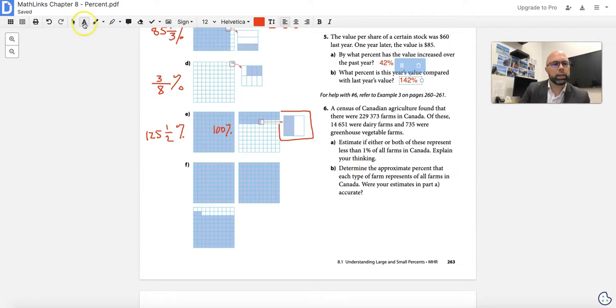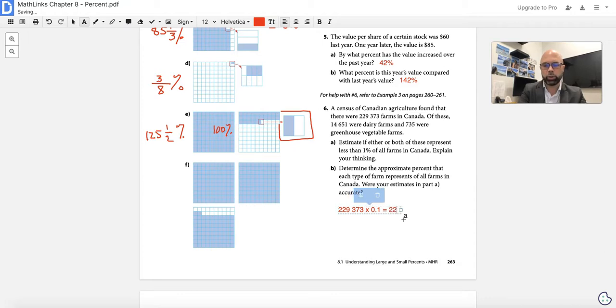So, again, remember my decimal trick when it comes to finding 10% or 1%. So we've got this number here, 229,373. If I want to find 10%, I would just multiply by a tenth.